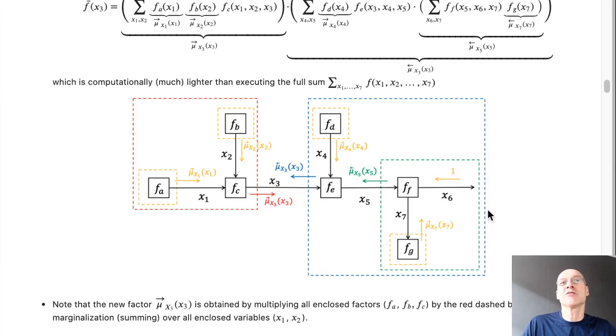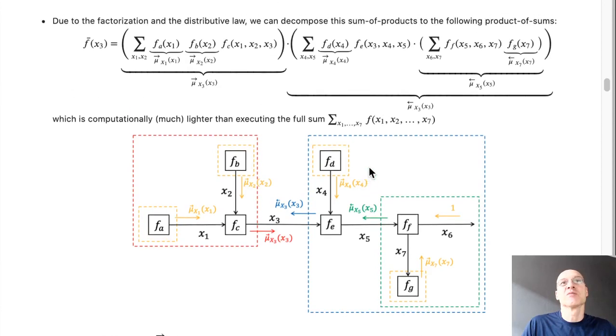And I can keep doing that. By closing now this blue box, I multiply this green node, or the message that comes out of this green node, which is this guy here, times this node fd times this node fe, and I integrate all the internal variables, which are x4 and x5, because all the internal variables already have been integrated out of the green box.